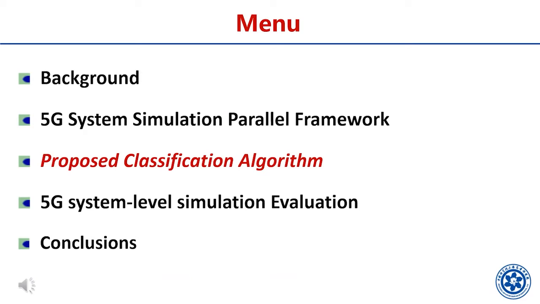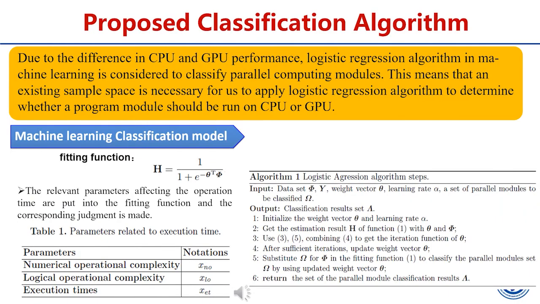Next, we will introduce the classification scheme and the parallel gain analysis evolution mechanism. Due to the difference in CPU and GPU performance, the logistic regression algorithm in machine learning is considered to classify parallel computing modules.